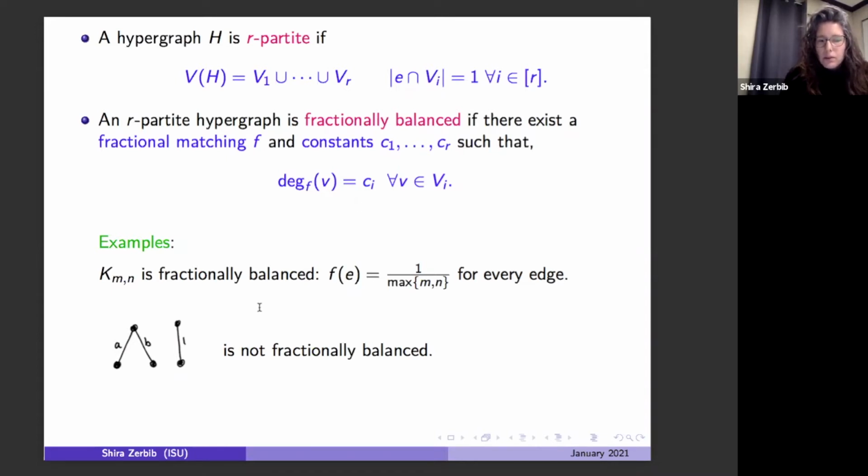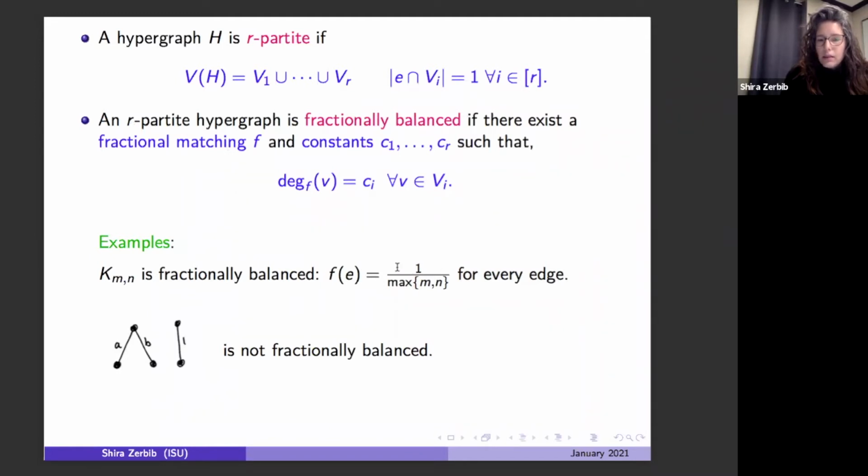So here are two examples. Say we take the complete bipartite graph on m and n vertices. Then I claim that this is a fractionally balanced hypergraph, or graph in this case. Why? First, it is bipartite, so the first condition holds. And second, I can find a fractional matching such that the degree is constant on each one of the sides.